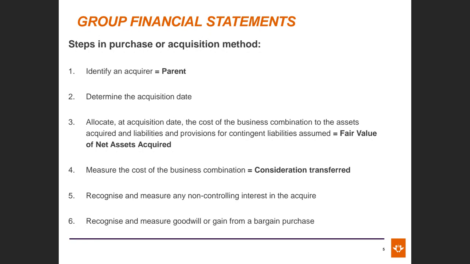Then the fourth step is we need to measure the cost of the business combination. So what is the consideration transferred? We need to find out what the parent company is paying or transferring to acquire the net assets of the subsidiary. Then step 5, we will recognize and measure any non-controlling interest in the acquiree.